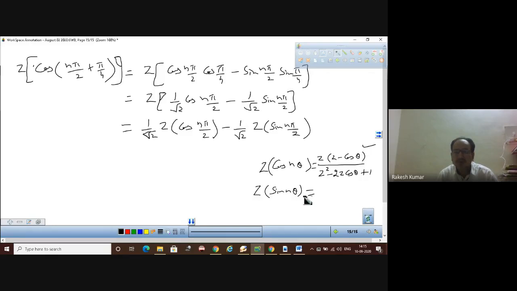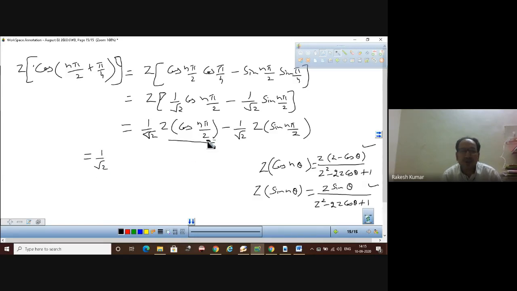Similarly the formula for Z transform of sine n theta was Z sine theta, and what is this, it is theta, not theta by 2, which is Z sine theta, and the denominator is the same as we have written earlier, Z square minus 2Z cos of theta plus 1. This is the formula, and you can apply it now.